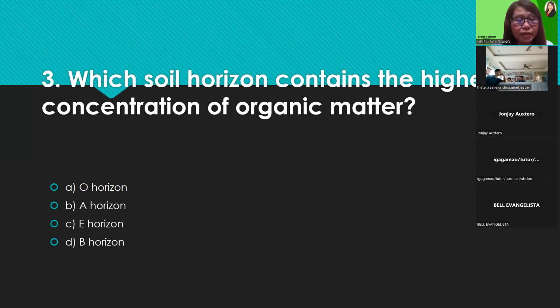Now let's have number 3. Which soil horizon contains the highest concentration of organic matter? Is it A, O horizon, B, A horizon, C, E horizon, or D, B horizon? Okay. There is one missing.